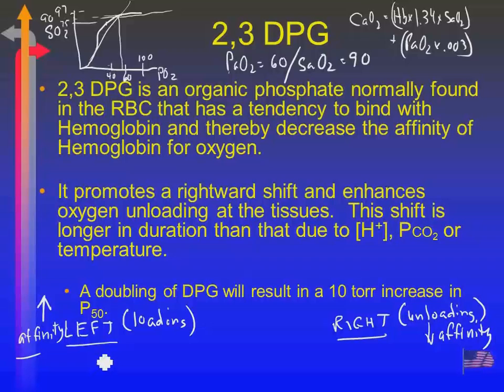And the things that shift to the left are all decreased. Decreased hydrogen ions, decrease in PCO2, decrease in temp. We're going to cover today this thing called 2,3-DPG. And on the right, everything is increased. All those would be increasing.